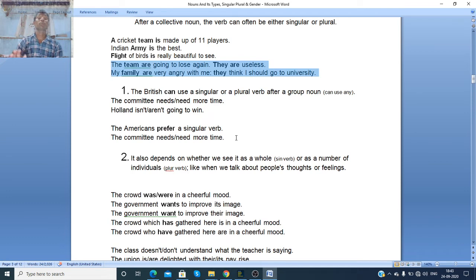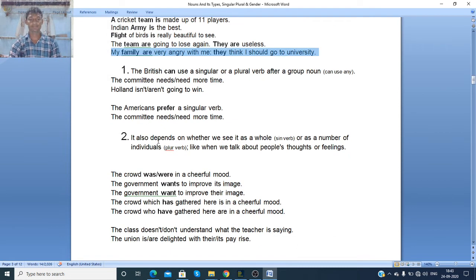And the Americans prefer a singular verb. They also use a plural verb, but they prefer singular. The committee needs more time. They prefer singular verb. And the committee need more time, they also use plural. For example, if they have spoken 4 or 5 sentences, they will use a singular verb 3 times and plural 1 or 2 times.